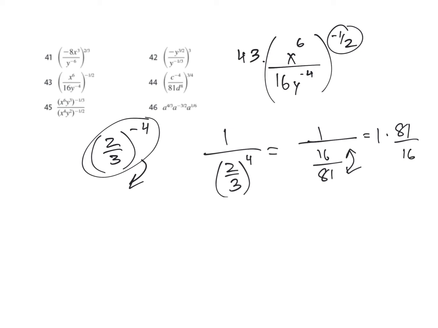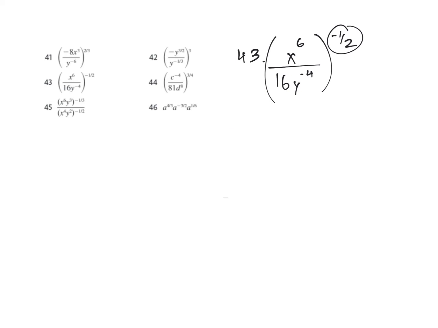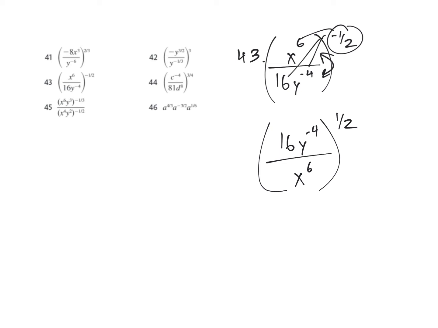So instead of going through all of that, all you have to do is flip this fraction over and keep the 1/2 on the outside, but make it positive. So here's what it looks like: 16y to the negative 4 over x to the 6th, raised to now the positive 1/2. So that's what a negative exponent does on the whole fraction. It just flips it over. Or you could distribute the negative 1/2 to every exponent and work it out by itself. You'll still get the same thing. But if you can remember this, it saves you the trouble.